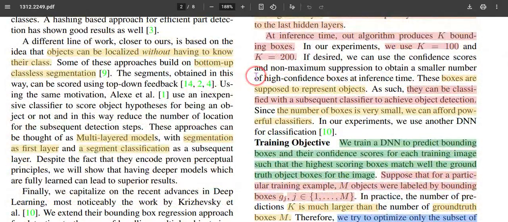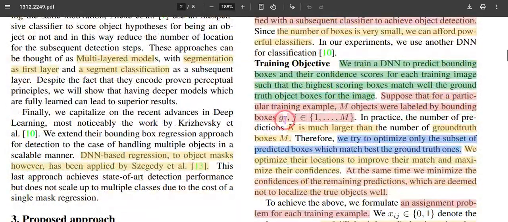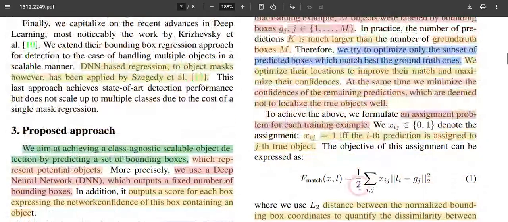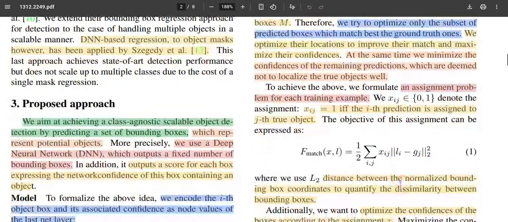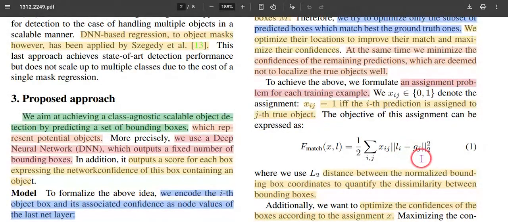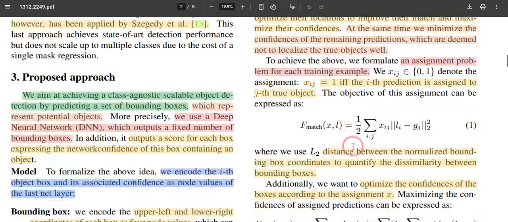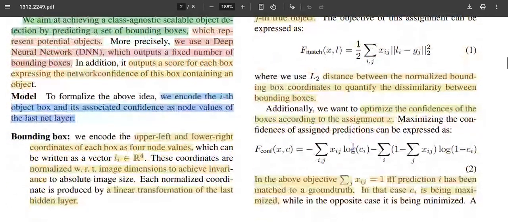That k is usually a very large number compared to the ground truth bounding boxes for each image, which will be like 5 to 10. They make an assignment problem to find the best bounding boxes among these 200 matching the ground truth bounding boxes. For that, they use another objective function, a confidence score, and the top 10 highest confidence scores are taken into account for the further classification problem.